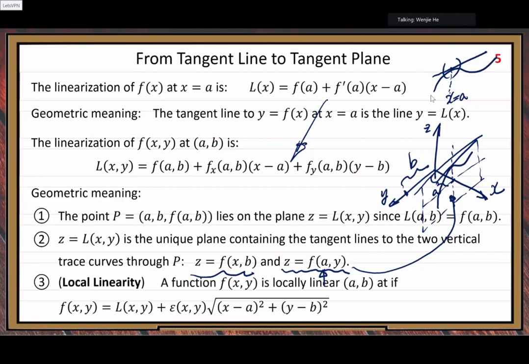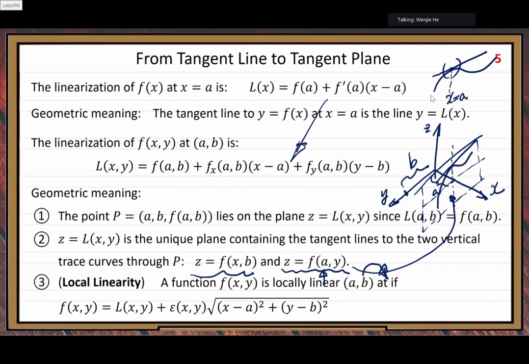A function f of x and y is locally linear at this point if the f function can be represented as the tangent plane equation plus some epsilon function. Epsilon could be determined later, but epsilon function times this distance expression, the distance between x, y, and AB.